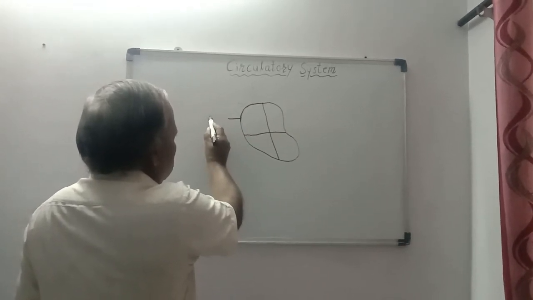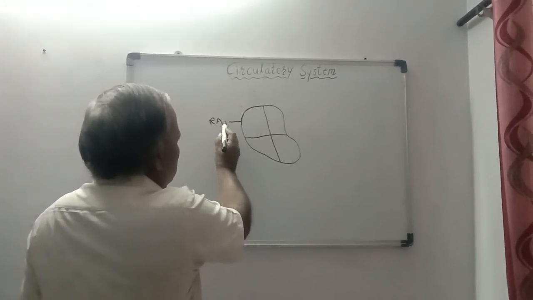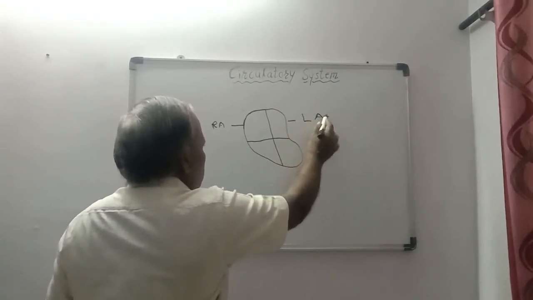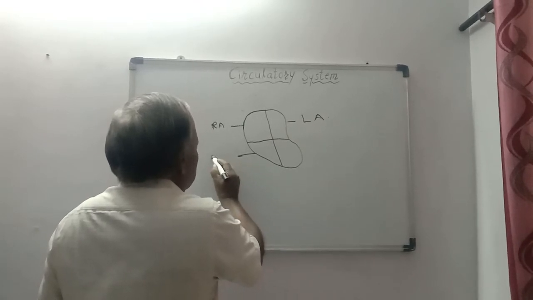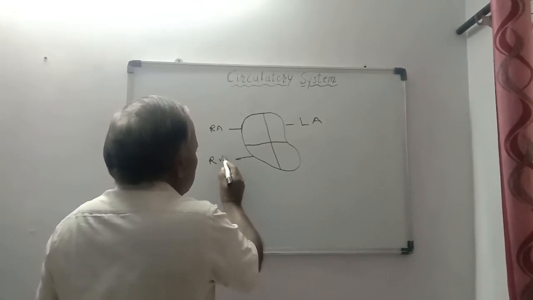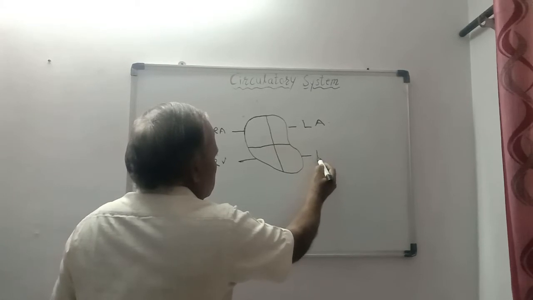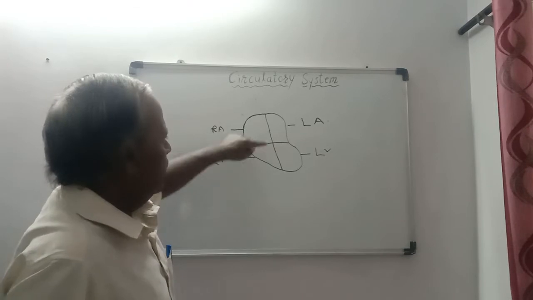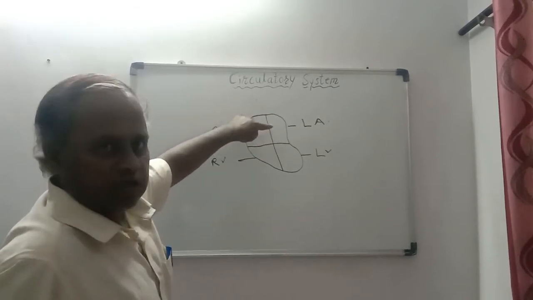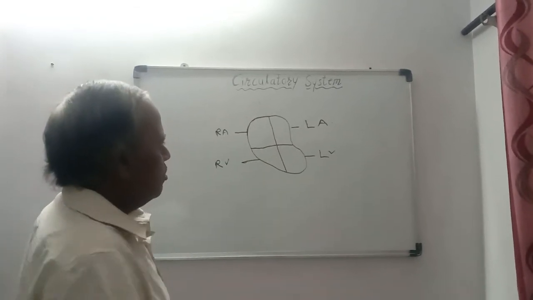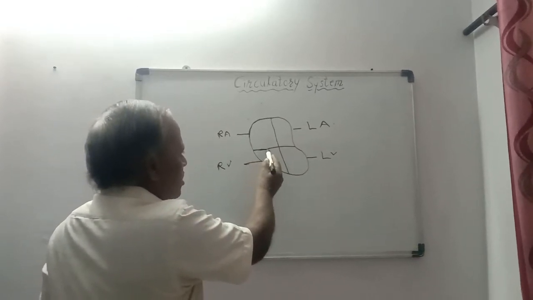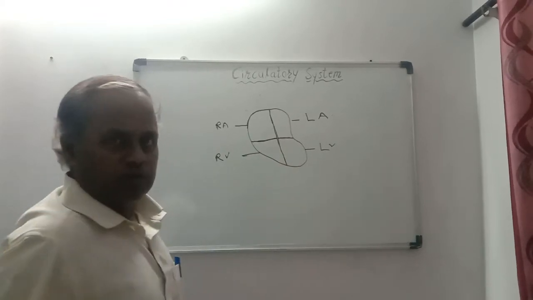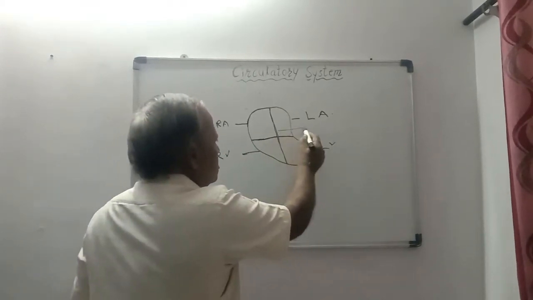This is the right auricle, this is the left auricle, this is the right ventricle and this is the left ventricle. The blood inside the heart will never mix because these chambers are divided by a thick wall, which is called septum.